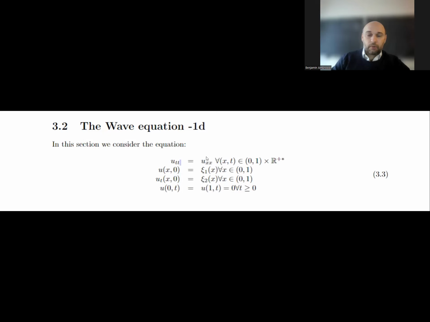Okay, so what we are going to do is try to set a framework with a domain, with an operator A and the right domain, and try to see if our operator generates a C0 semigroup.